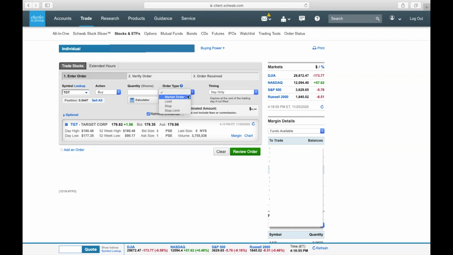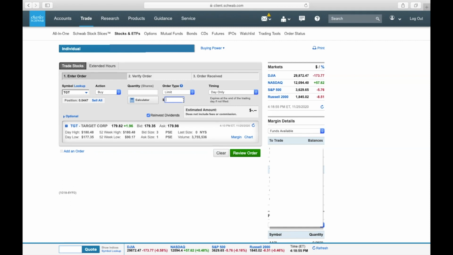I'm not even going to negotiate. I'm just going to buy it at the price they're willing to sell it at. But what I would like to do is place a limit order. A limit order allows me to set the price of how much I want to pay for a share. So instead of $179.82 or $179.88, I want to pay $179, just to give an example.